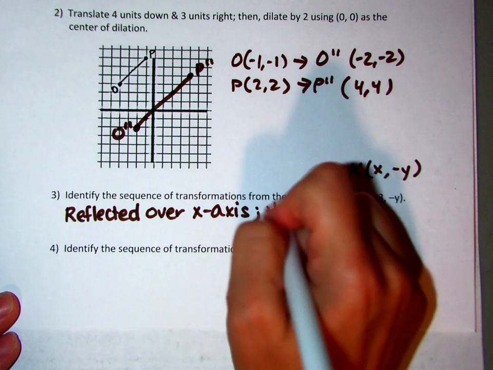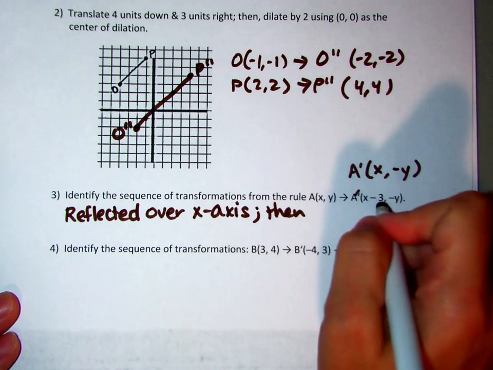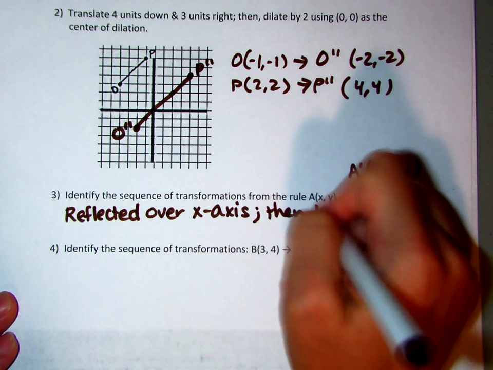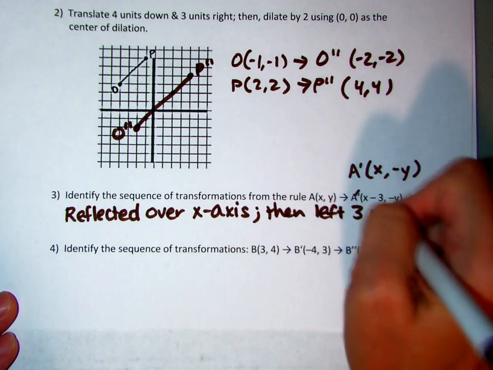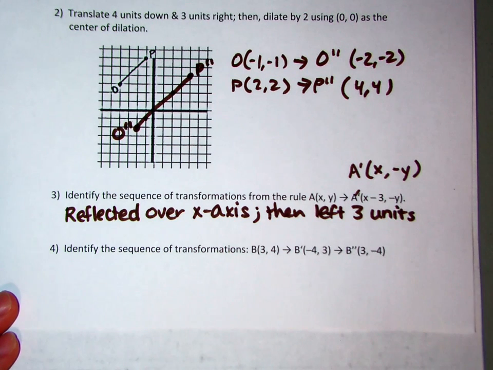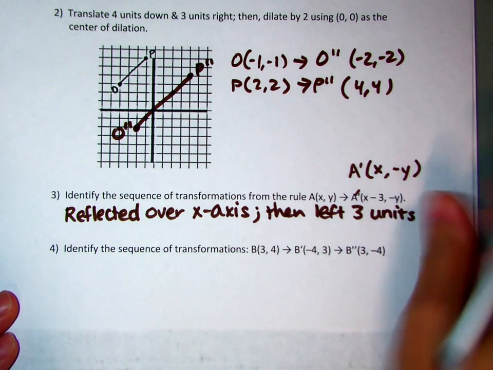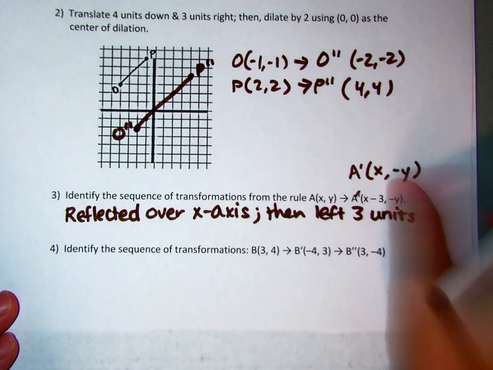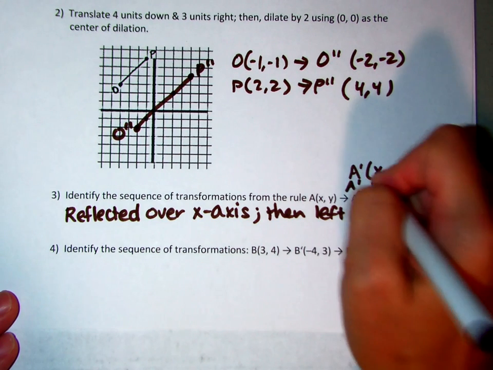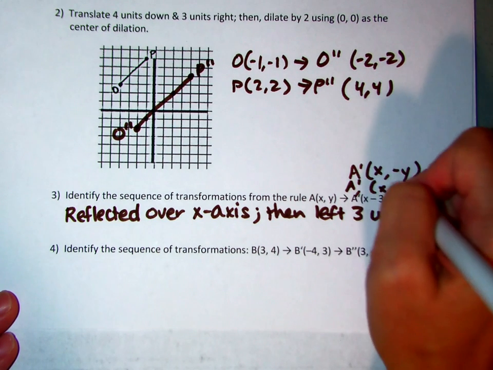Then after that, to get this minus 3, we would be going left 3 units. The question is, could we have gone the other way? Could I have made that work if I had started by going left 3 units? Well, let's try that. If I go left 3 units, then in theory A prime would actually be x minus 3, comma y.